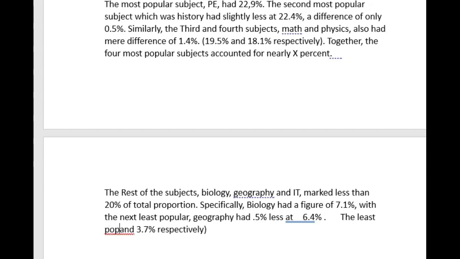The least popular subject overall, IT, had half the popularity of biology at 3.7%.